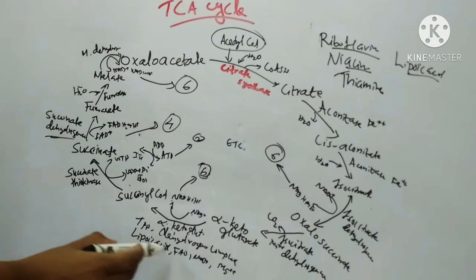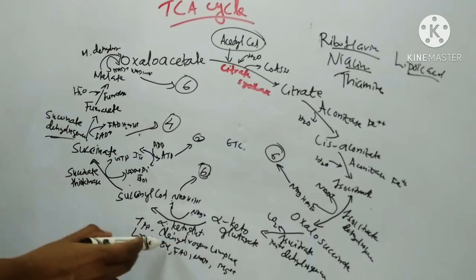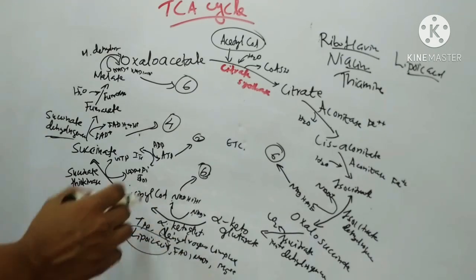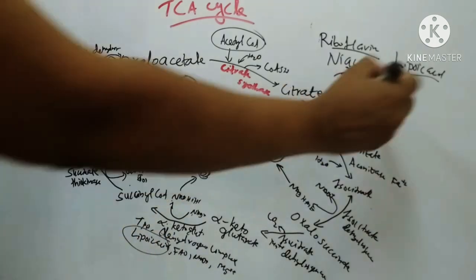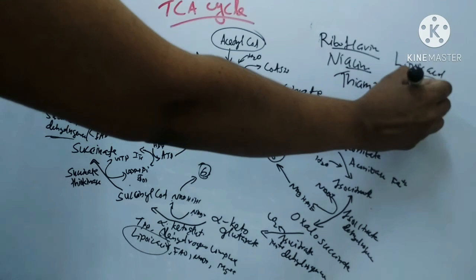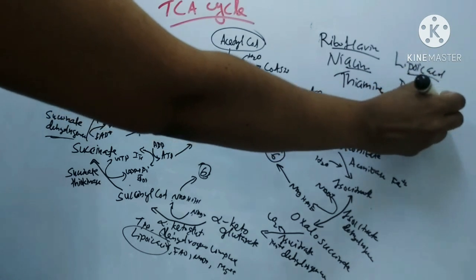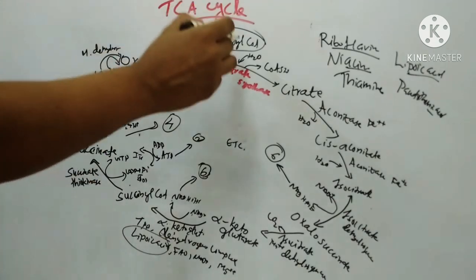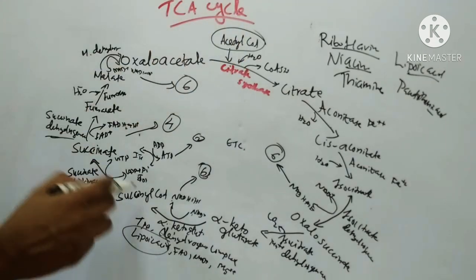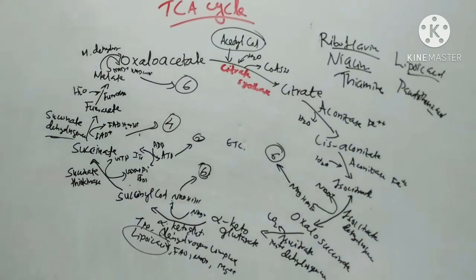Here we have TPP, lipoic acid, FAD, NAD, Mg2+. Next one is pantothenic acid, as part of coenzyme A, the cofactor attached to active carboxylic acid residues such as acetyl-CoA and succinyl-CoA.